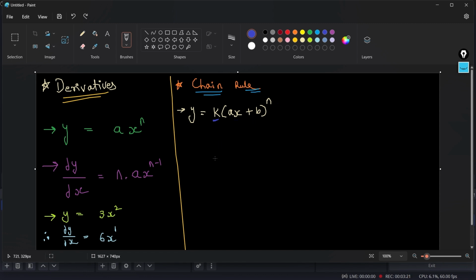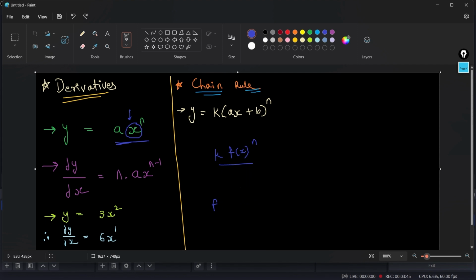And then together this becomes k times some function of x to the power of n. Again, we are having the same form as you can see over here. But now instead of having just a simple x, you are having some function of x, where that function of x is actually your x. So now let's look into that.